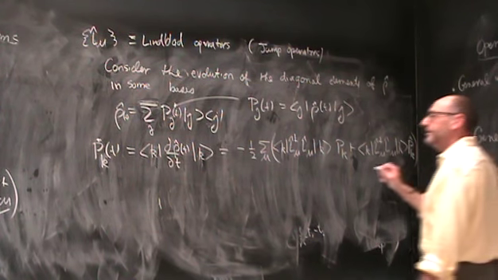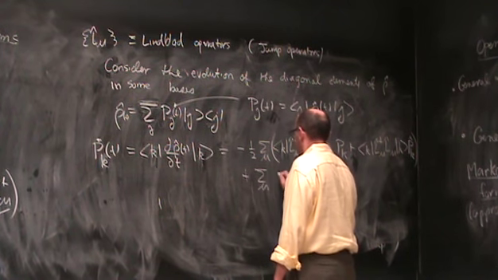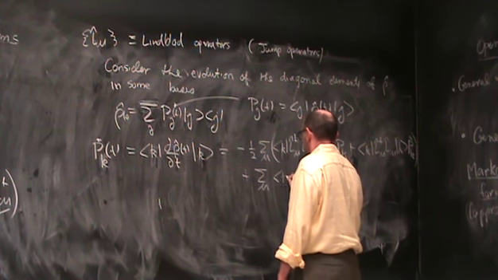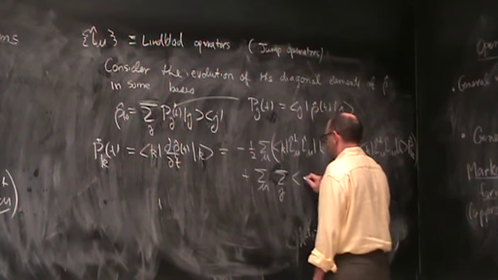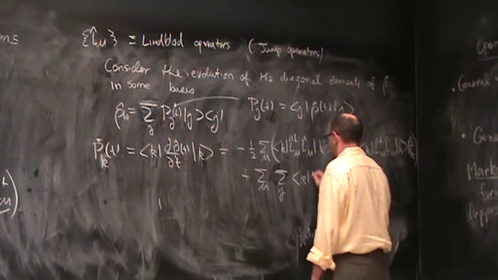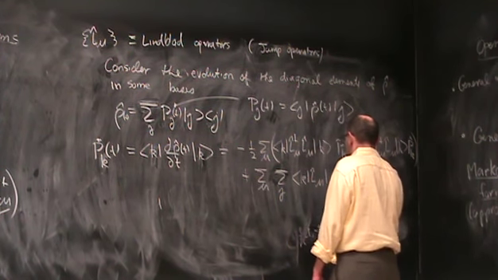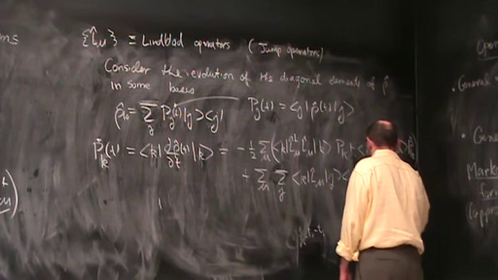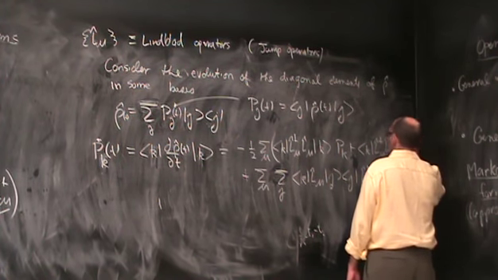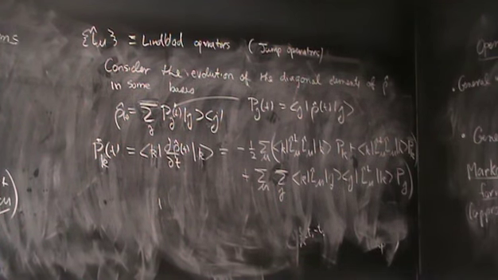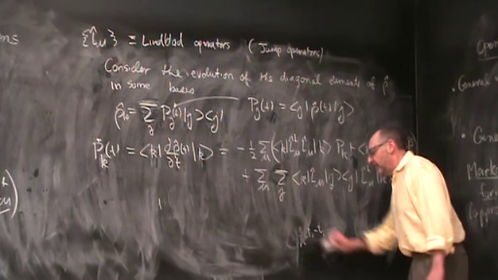And then I get plus sum over mu, sum over j, k L mu j L mu dagger k pj. Okay. You buy it? Right. So this has a simple form, a form we're familiar with.